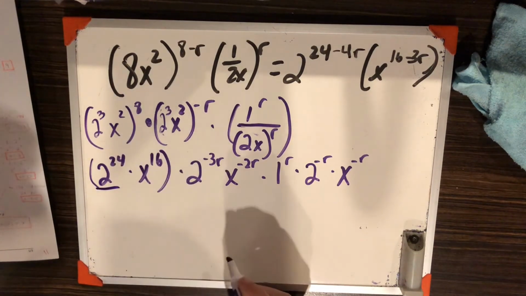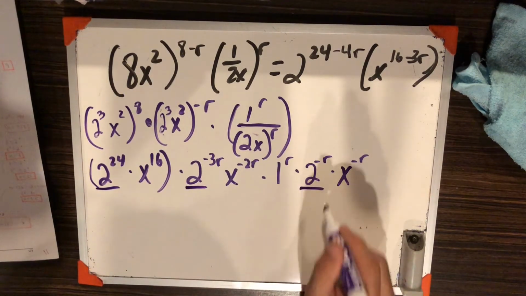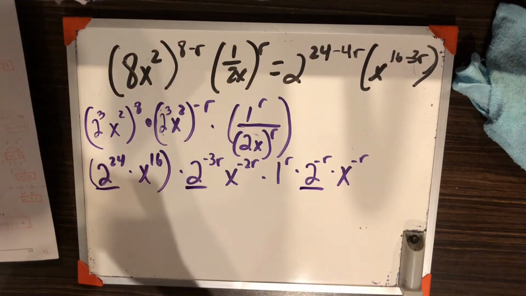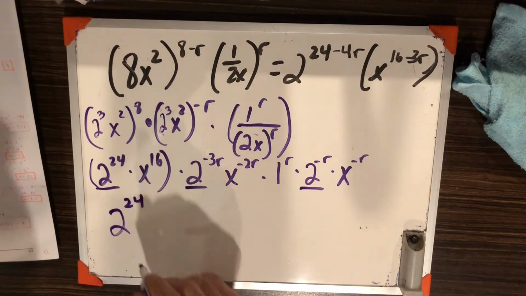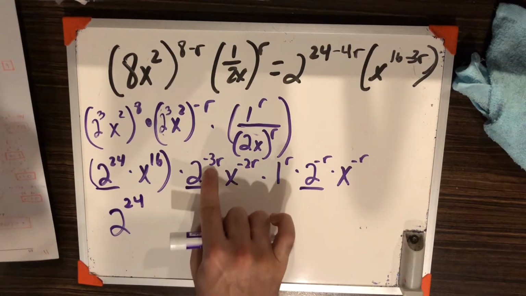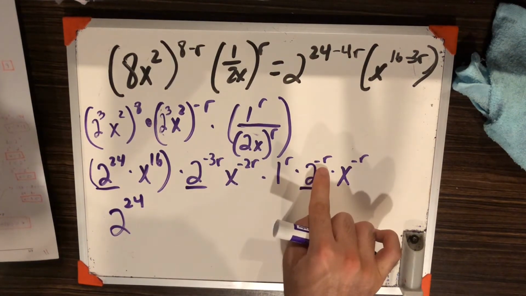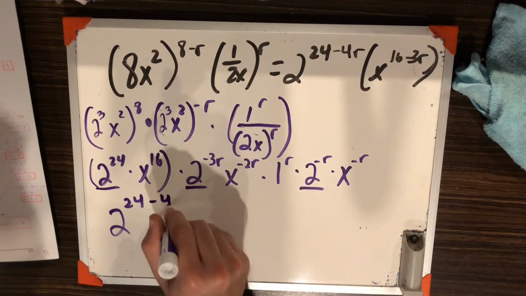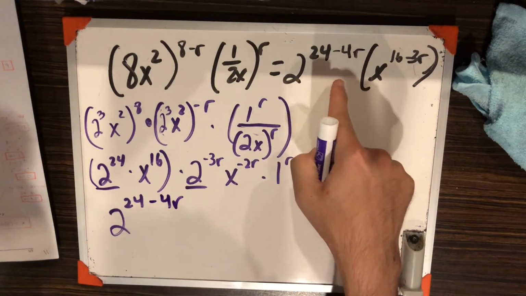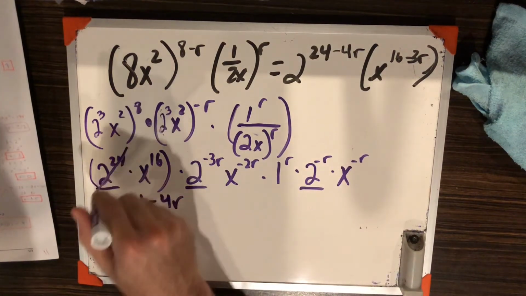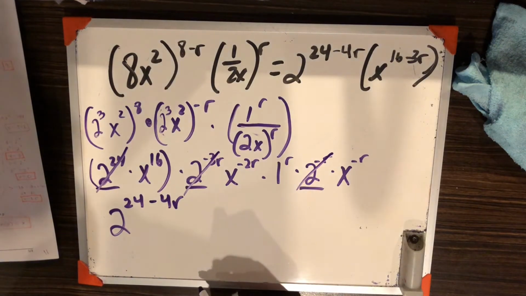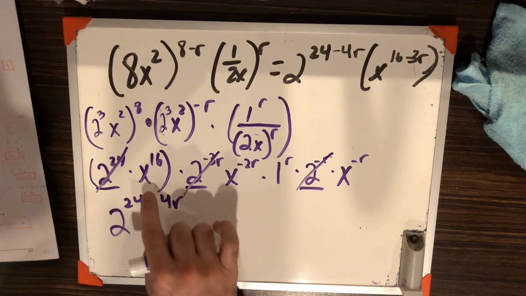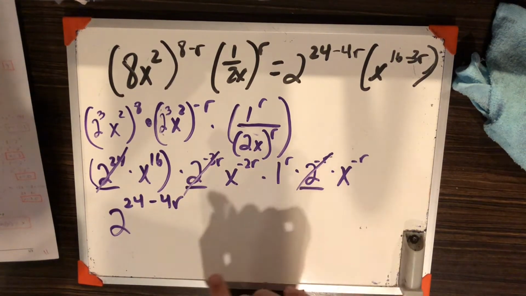So look for our bases of 2's. Base of 2, base of 2. So that would turn out to be 2 to the 24th power, and then negative 3r minus r, that would be negative 4r, so minus 4r. So that way, again, we're kind of trending towards our right side. So we're done with this, this, and this. And then x, x, and x.